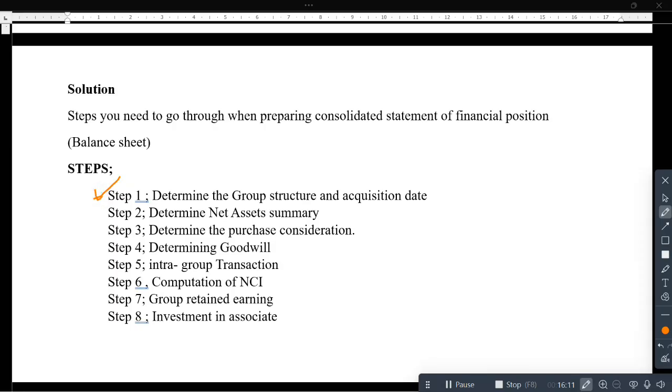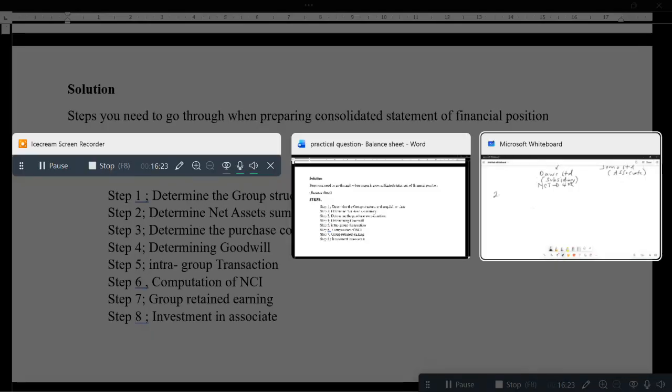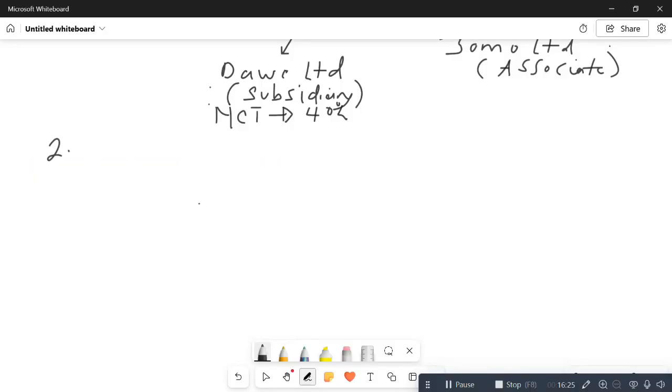I hope we have seen how to do that by determining parent, subsidiary and associate. Step 2: determine net asset summary. Let's try to do that.